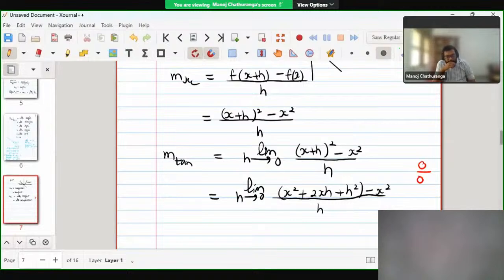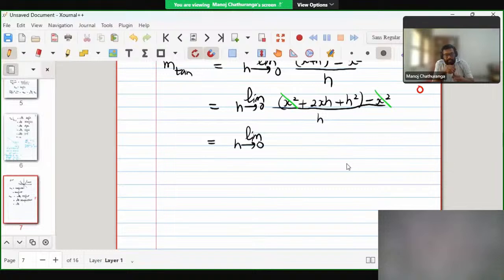Let's see. This x square cancels with minus x square. Then h goes to 0. In the numerator, we have 2xh plus h square, and h is common.